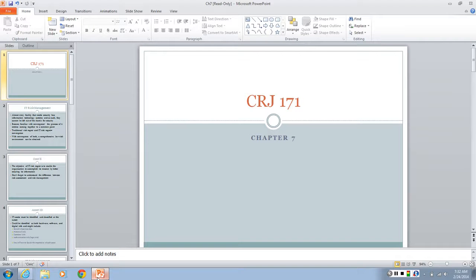Really and truly what this chapter covers is what we've talked about thus far in the textbook. We're just applying it to information and information technology.